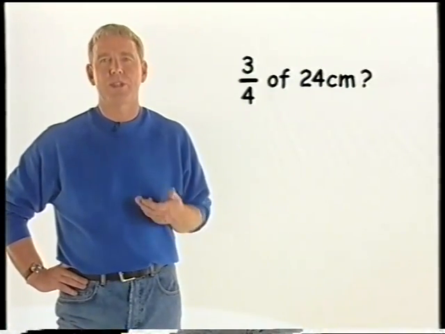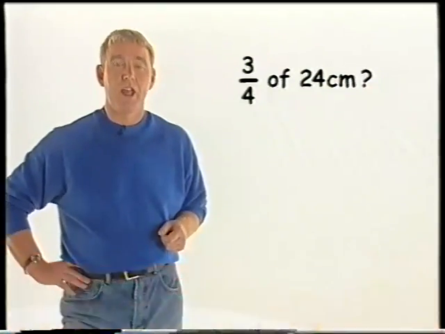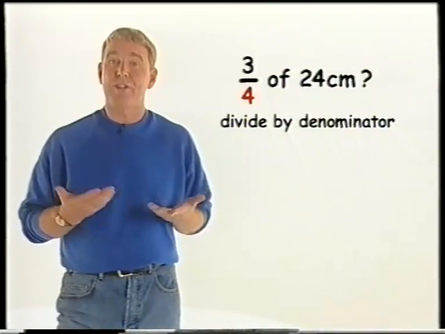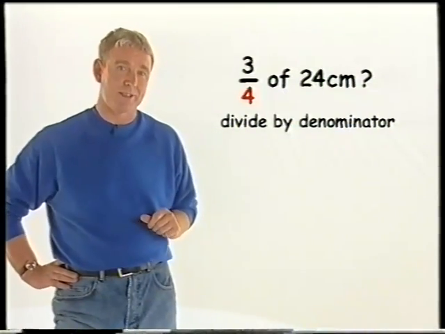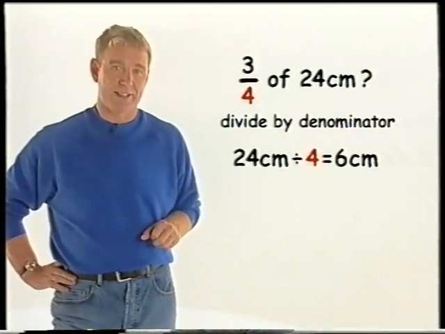Another kind of question you might get is to find the fraction of another number, or a length, or a quantity of money. Like, what's 3/4 of 24 centimetres? First of all, divide the 24 centimetres by the denominator to find 1/4 of 24 centimetres. 24 centimetres divided by 4, that's 6 centimetres.